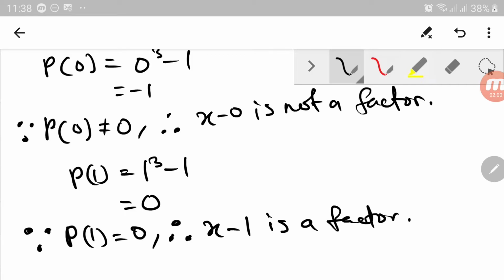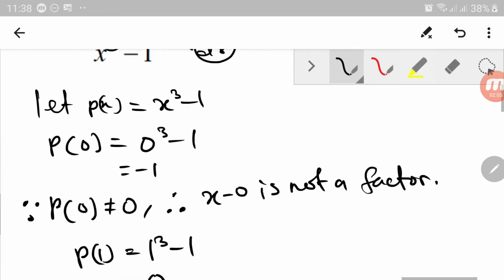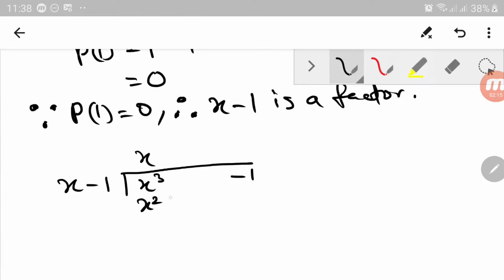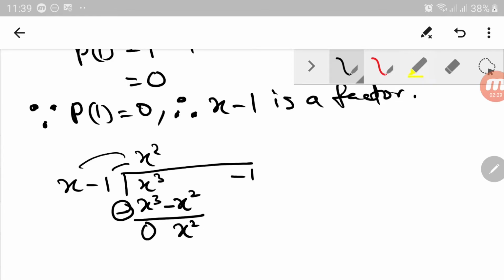Since we have x minus 1 as our factor, we can divide P(x) by this factor by performing long division. We have x cubed minus 1 over here. So we get x squared, and then x, and then we subtract. x cubed, then x squared, so 0 x squared.